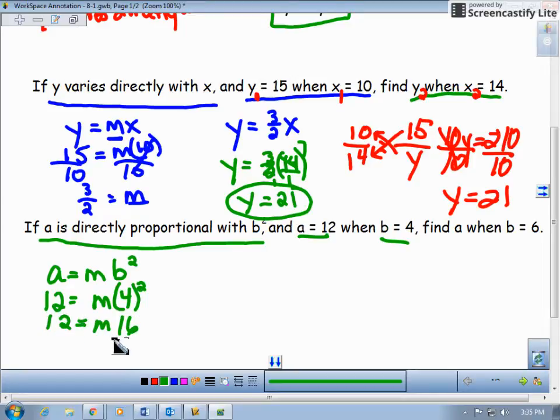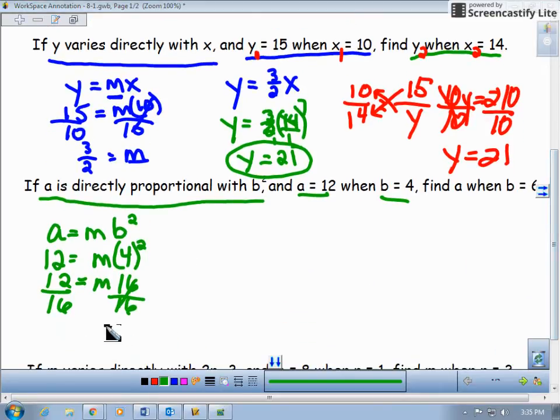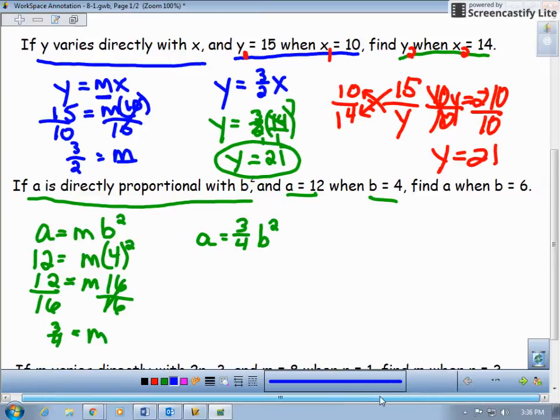And then to solve for m, the constant of variation, I would divide by 16. 4 goes into both of those, so I get 3/4. And so my new equation would be a equals 3/4 b squared. Then you would simply take your other part of this, which is find a when b is 6.